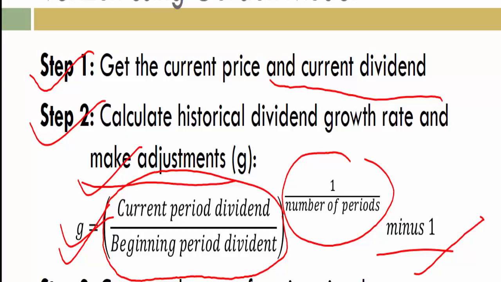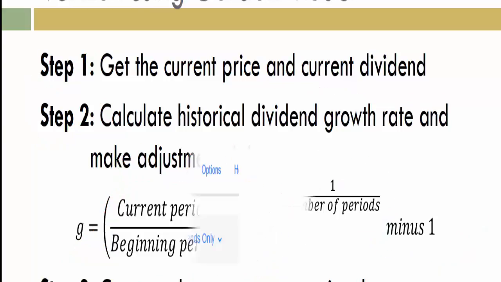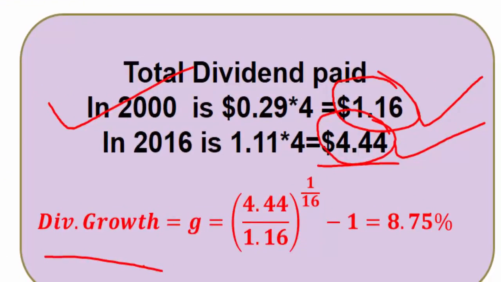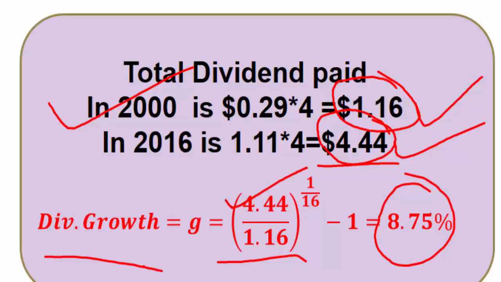That is exactly what I have done here. You can see the current dividend is $4.44 and the beginning period dividend is 1.16, and the power is 1 over 16 because there are 16 years, minus 1, and that gives me 8.75%. That is the dividend growth rate in the past 15 years.